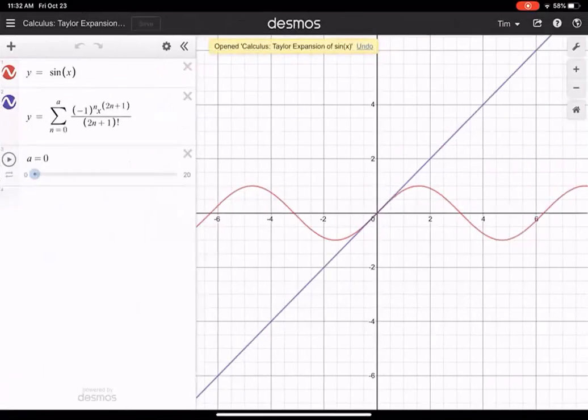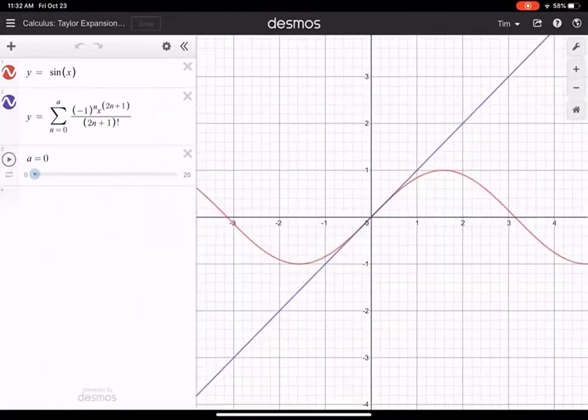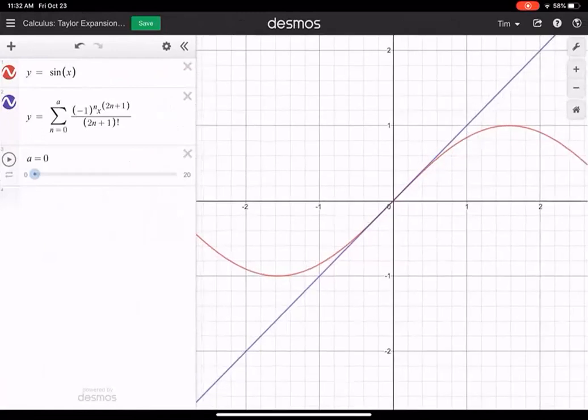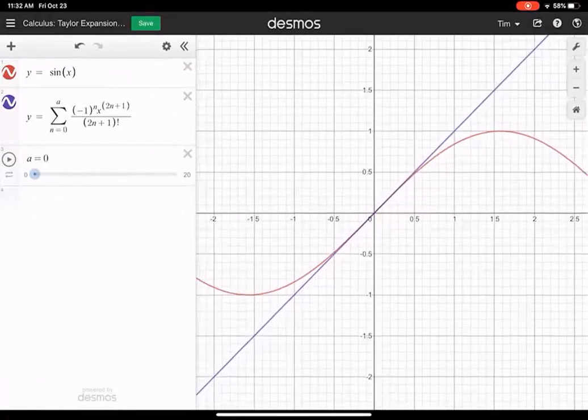So what you see here is sine of x, and then the series for sine of x. And right now I have the very first term plotted. So the very first term is sine of x is approximately x. And so you have a linear approximation here. And the linear approximation is a pretty good approximation when x is small.